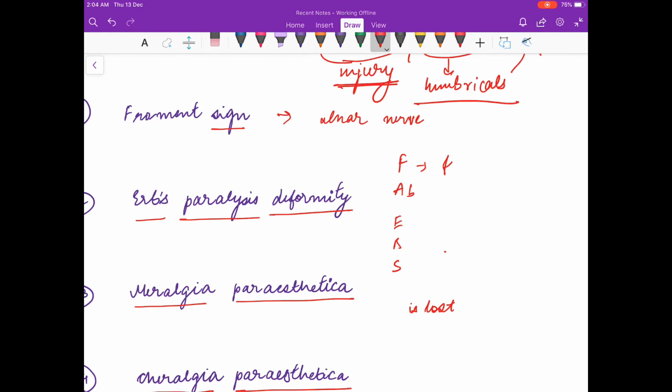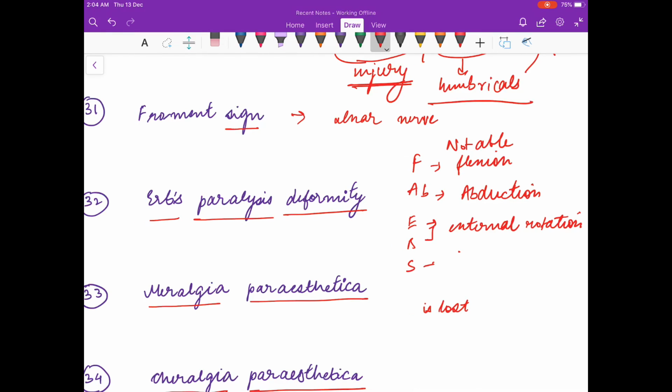Patient is unable to do flexion, abduction of shoulder, external rotation, and supination.